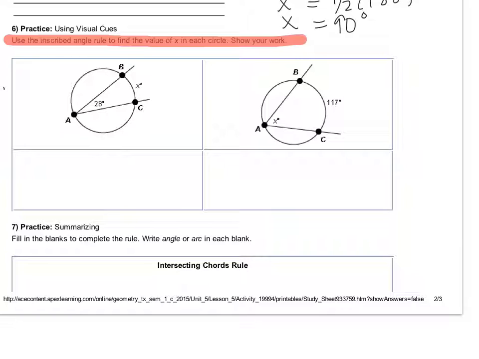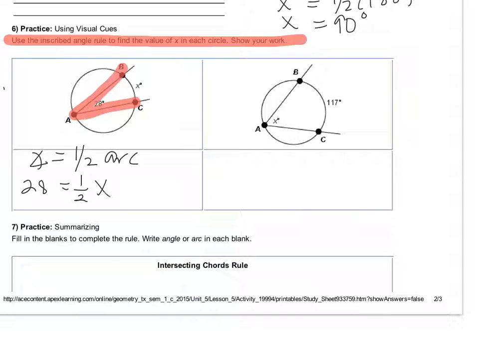So in practice, we're going to use the inscribed angle rule to find the value of x in each circle, and we're going to show our work. As long as you know that the angle is half of the arc, then we can work backwards. Our angle is given right here. It's 28 degrees. The angle is 28, and that's half of our arc, which we don't know.